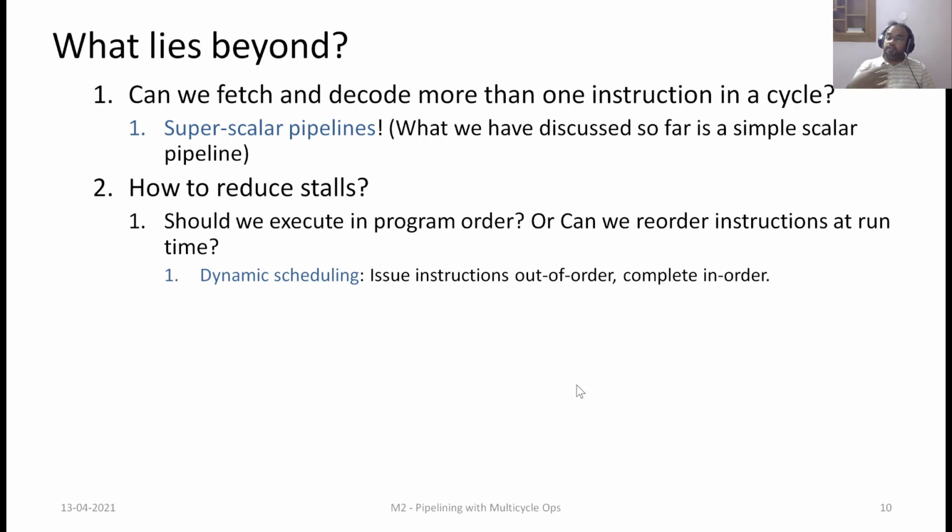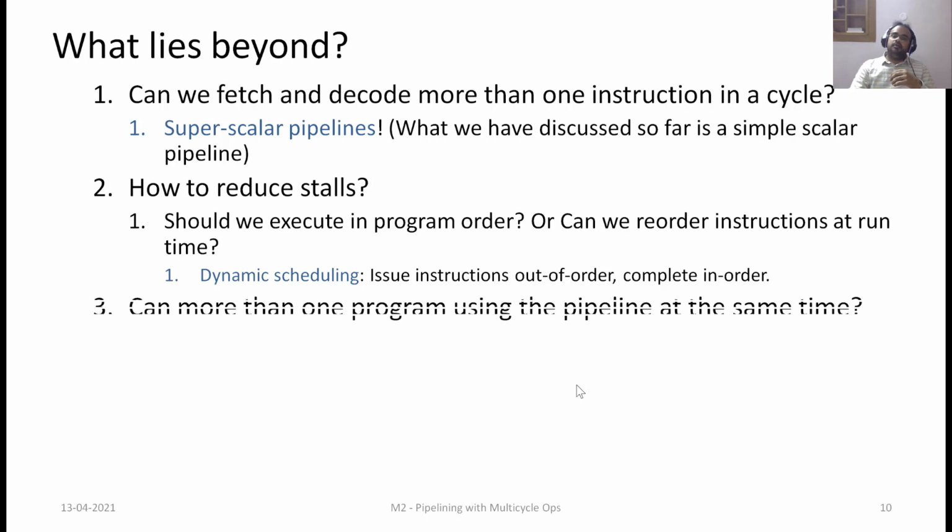So we are able to execute the instructions out of order. And further, this dynamic scheduling has been extended to handle branches also, and what we have is speculation. Together, both of them are called the out of order processor.